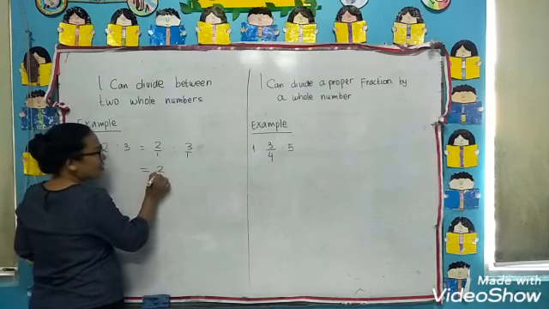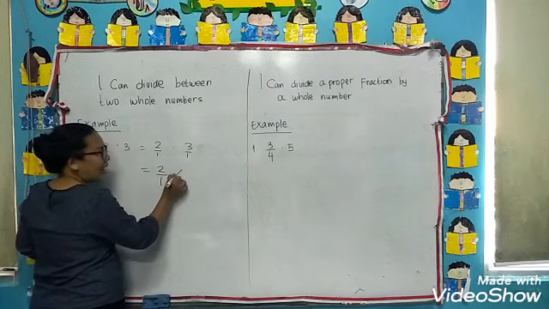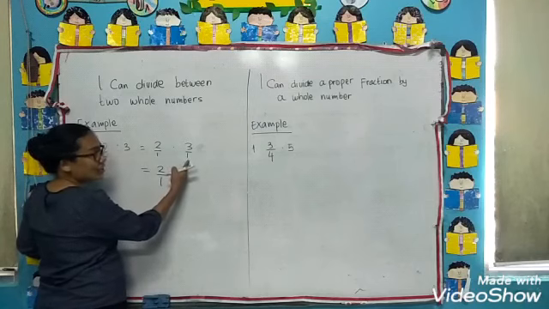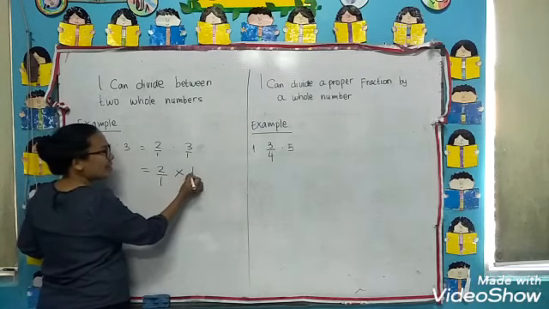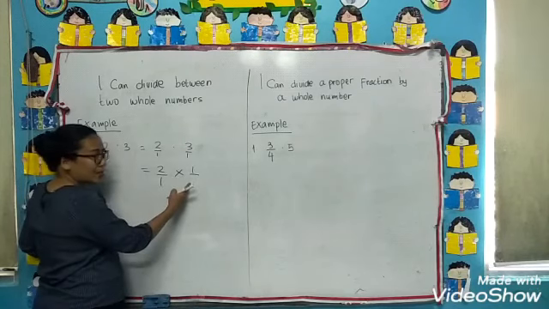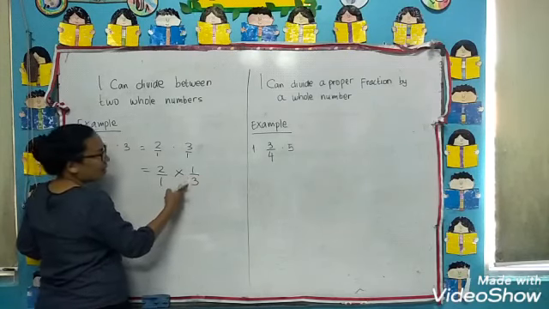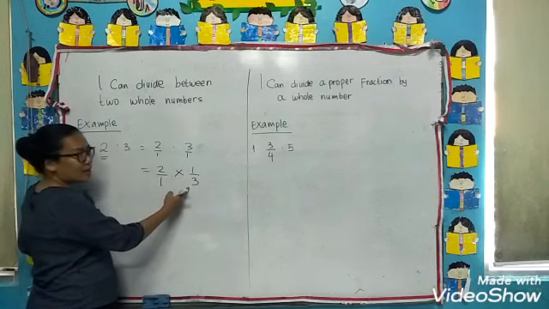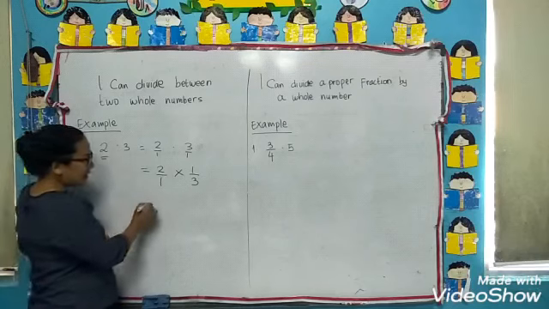This means 2 over 1 multiplied by, yes, this is the numerator, right? We put 3 as the denominator. So 1/3. So now 2 over 1 multiplied by 1/3. Okay.